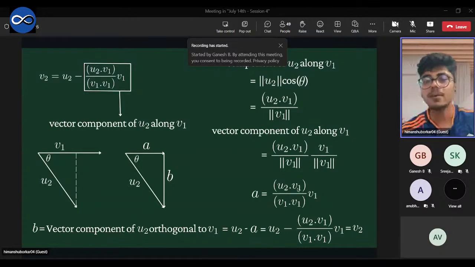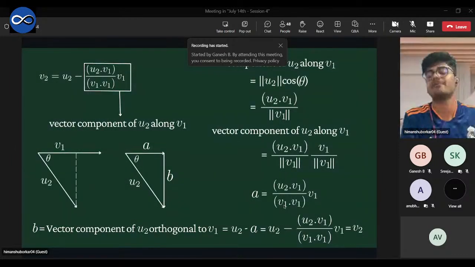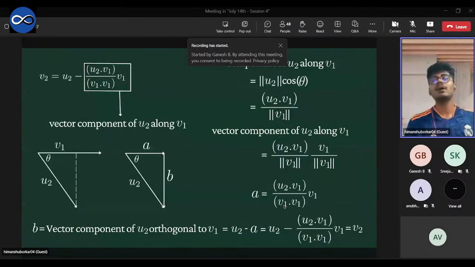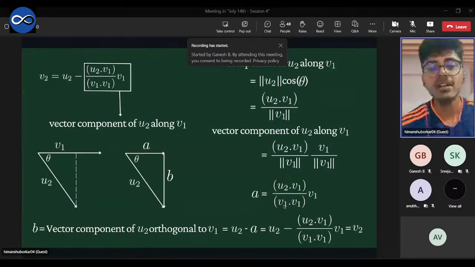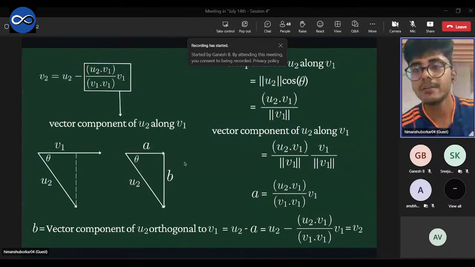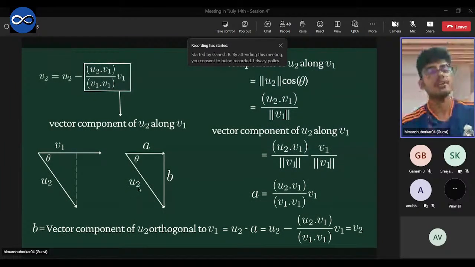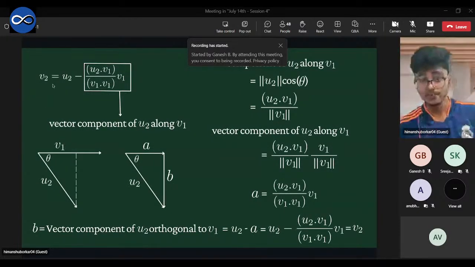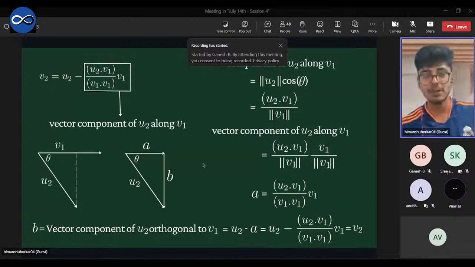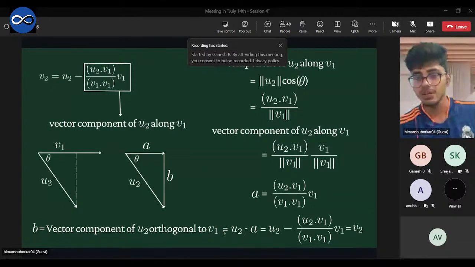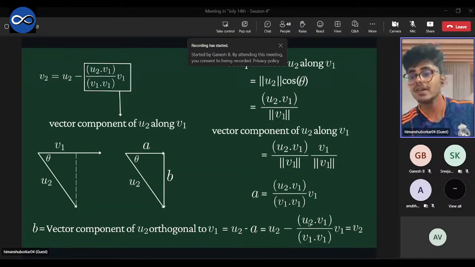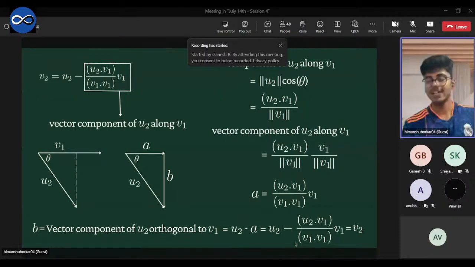So U2 dot V1 by V1 dot V1 is the factor we are using to scale V1, and that is going to be A. In order to get B, we know that A plus B will be U2, so B will be equal to U2 minus A. So B, which is V2 because it's perpendicular to V1, will be U2 minus V1 scaled by this factor.